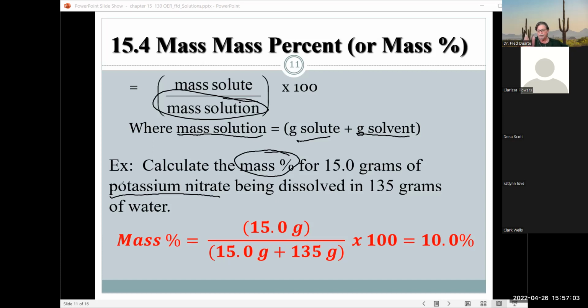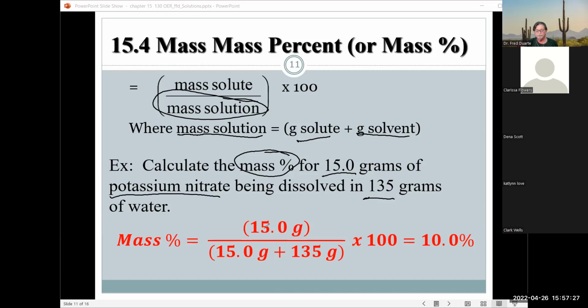It could have been any compound. Okay, all we need to know is how much of that compound is being weighed out and how much of the water is being utilized. That's all we need to know. So we don't need molar mass. It doesn't play a role. We're just looking at the weights for that solute and the weight of the solvent.